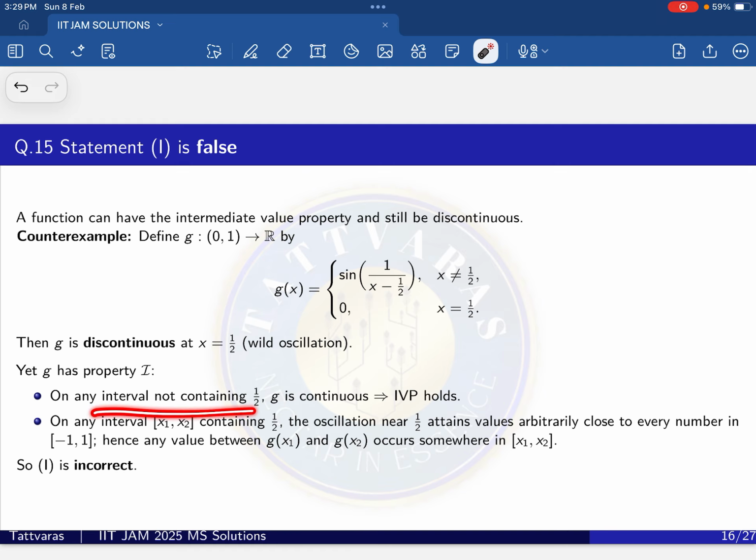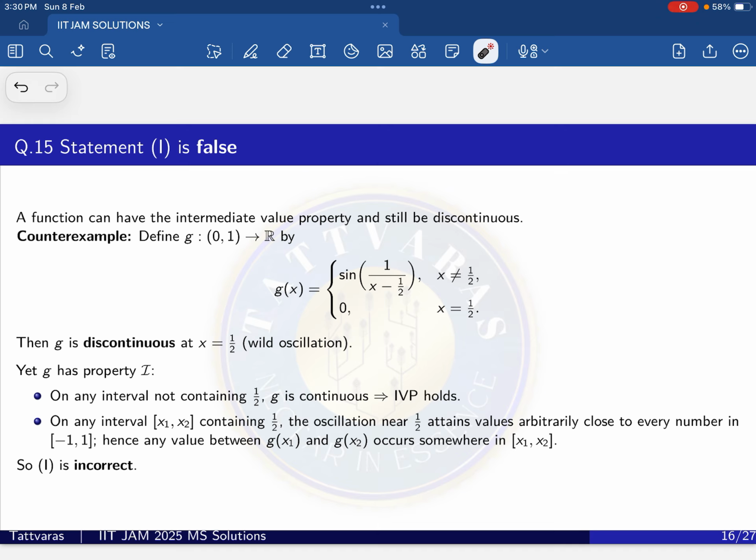On any interval not containing half, g is continuous. That is true, and that also implies the intermediate value property holds. On any interval containing half, the oscillation near half attains values arbitrarily close to every number in [-1, 1]. That is also there by the property of sine.